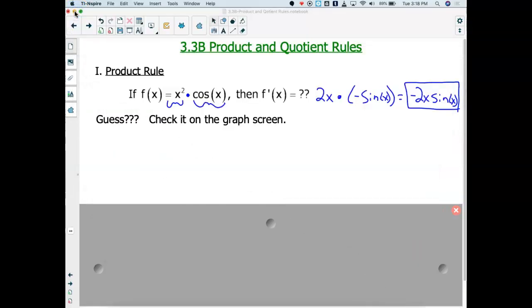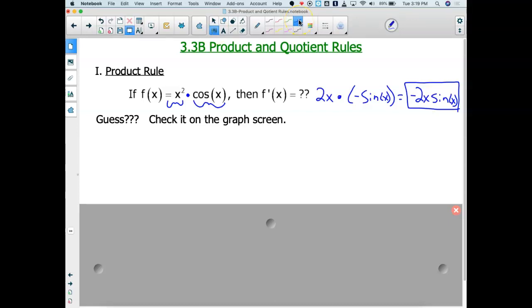So the actual derivative, f prime of x, equals 2x cosine x minus x squared sine x.